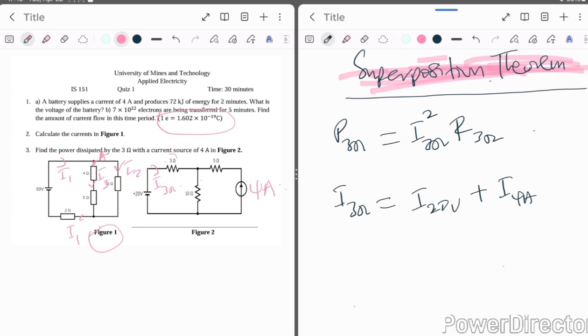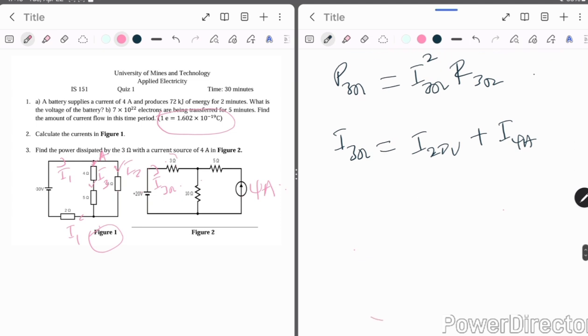So if you have a situation whereby you have 2 or more independent sources, you can see here we have a voltage source and a current source. So we are going to get the current due to the 20 volts acting alone, and then the current due to the 4 amps acting alone.